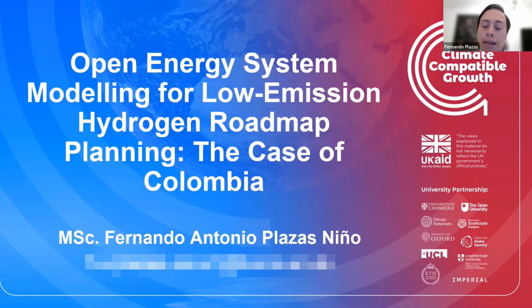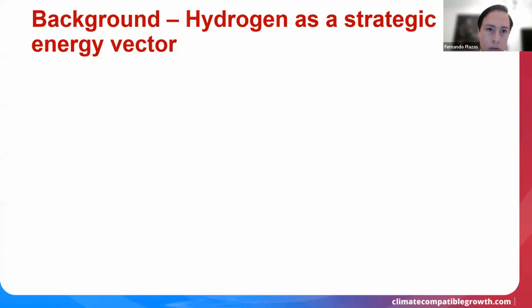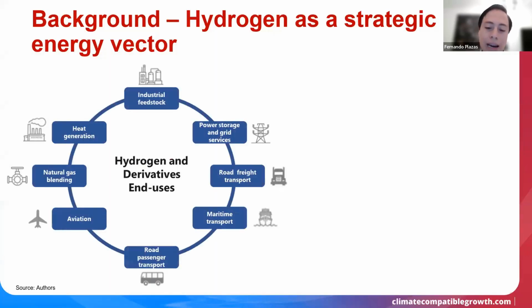The idea of the paper was to determine the different interactions between hydrogen production and the other parts of the whole energy system. And after that, to formulate some recommendations for a new update of the hydrogen roadmap. This is just to give you some background, because the idea of this training is not to explain this.